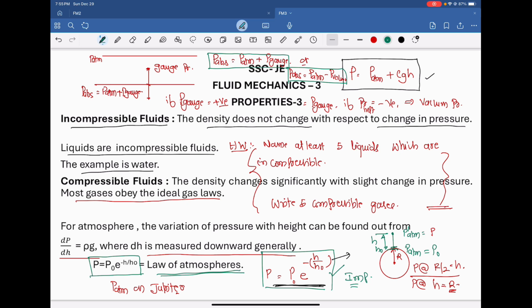Pressure is the most important topic. I spent this much time, and I am going to spend another 2-3 lectures dealing with pressure measurements only. It is a very crucial topic, which I feel you should not miss.